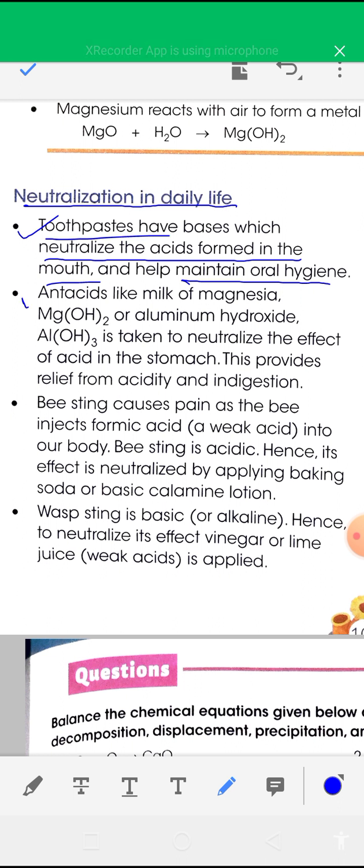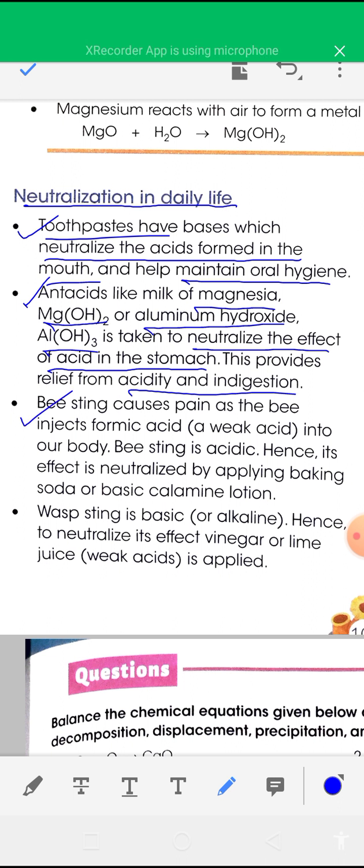Second, antacids like milk of magnesia, which is magnesium hydroxide, or aluminum hydroxide, Al(OH)3, are taken to neutralize the effect of acid in the stomach, and this provides relief from acidity and indigestion.